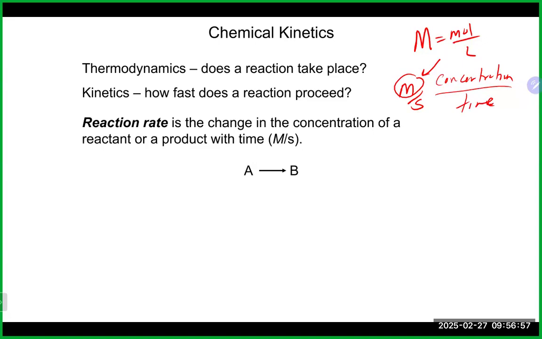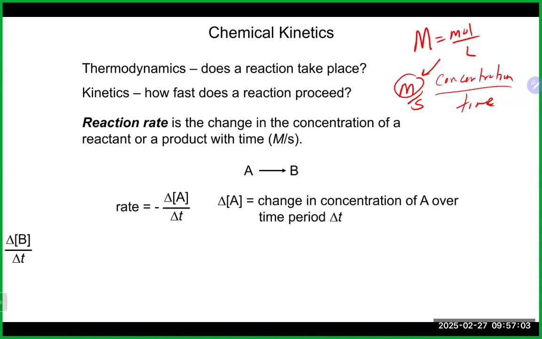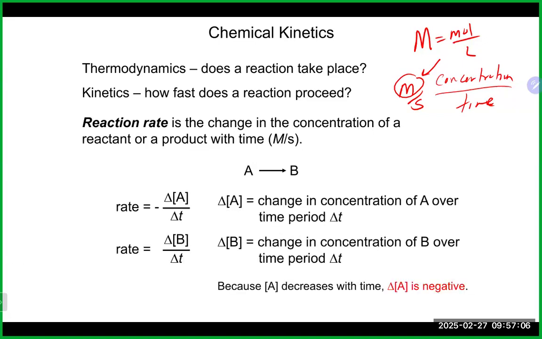So for this particular reaction of A goes to B, we can write what is sometimes referred to as a rate expression. A rate expression basically expresses how the concentration of, say, a reactant or a product is changing with time. We could say that the rate in this case is equal to minus the change in the concentration, so that's delta, which means change, in the concentration.